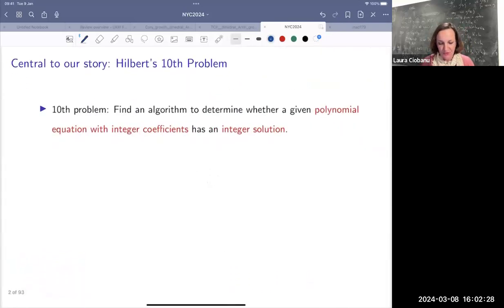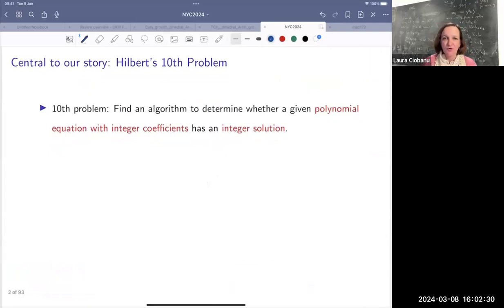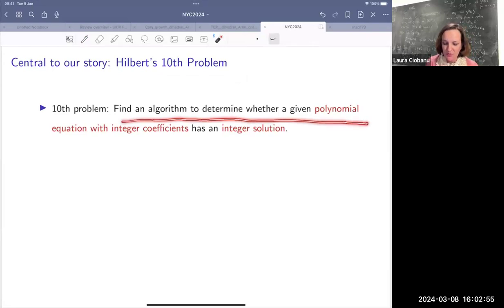In any case, central to our stories is Hilbert's 10th problem. It's both an inspiration and a tool, the beginning, middle, and end of the story. As I think everybody knows, Hilbert's 10th problem, stated in the 1900s, was about finding an algorithm to see if polynomials with integer coefficients have solutions.